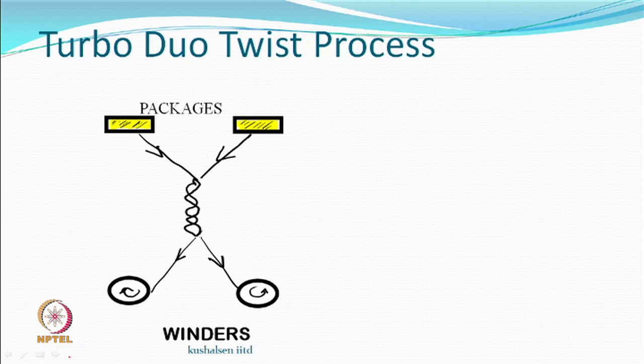This process is called turbo duo process. So, what this process is doing is, there are two packages, package number 1 and package number 2, which are the packages which are untwisted, untextured feed yarn, and then you want to texturize them. But before you texturize them, you must twist them.